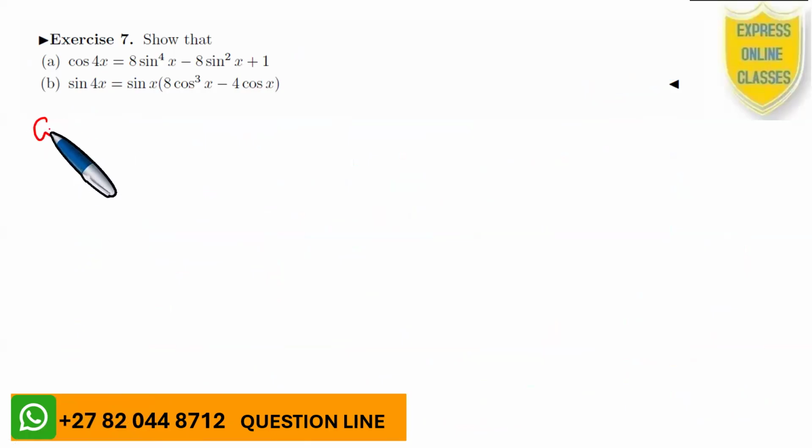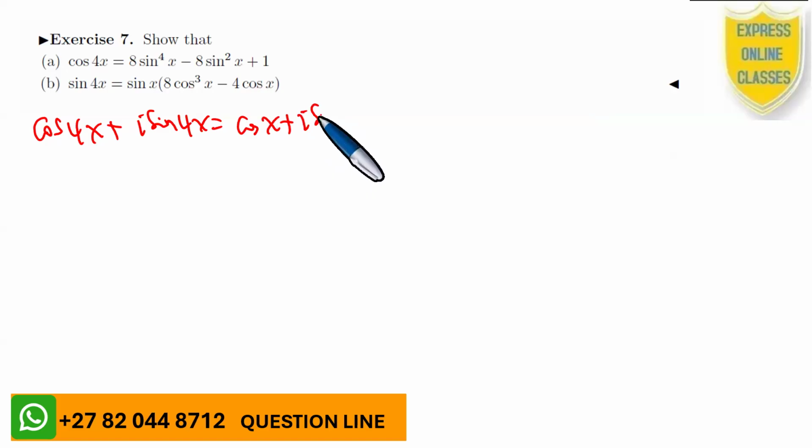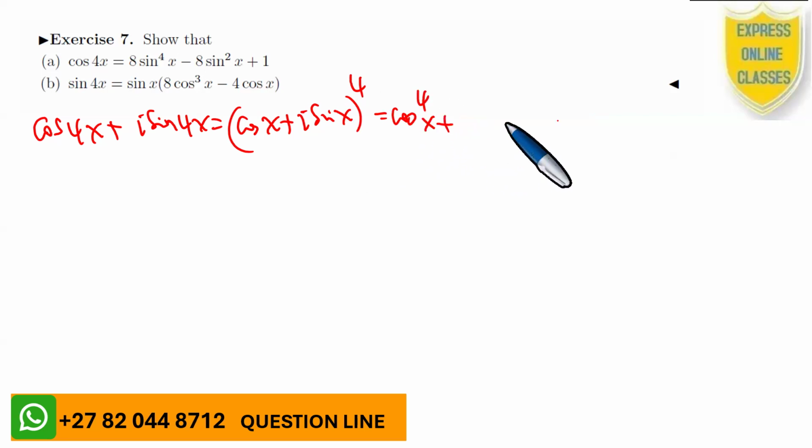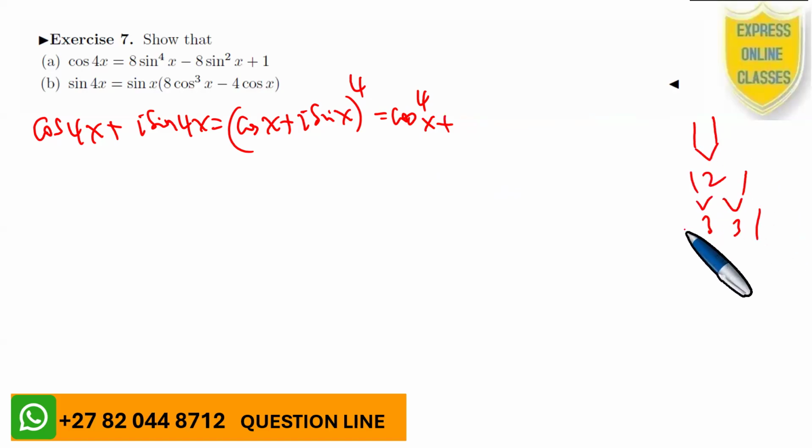Check this carefully. So if you have cosine of 4x plus i, the sine of 4x is the cosine of x plus i, the sine of x to the 4th power. Let's expand this. It is cosine to the power 4 of x, by 1, 1, 2, 1, 1, 3, 3, 1, 1, 1 plus 3 is 4, 3 plus 3 is 6, 4, 1, 1.